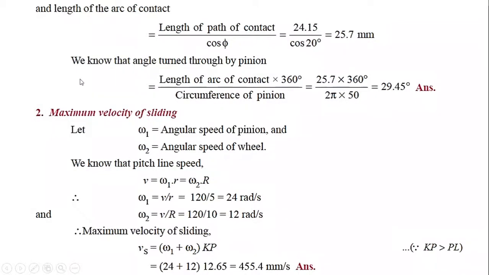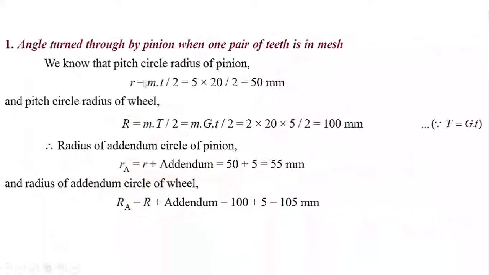Now we will get the angle turned through by the pinion, equal to length of arc of contact into 360 degree divided by the circumference of the pinion. Length of arc of contact is 25.7 into 360 degree divided by 2 pi r. The circumference of the pinion is 2 pi r, where the pinion is the smaller one and the gear is capital R. The small r value is 50 millimeter.